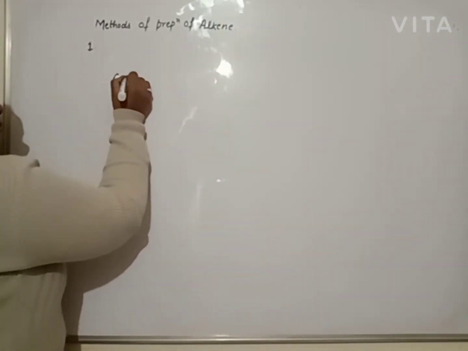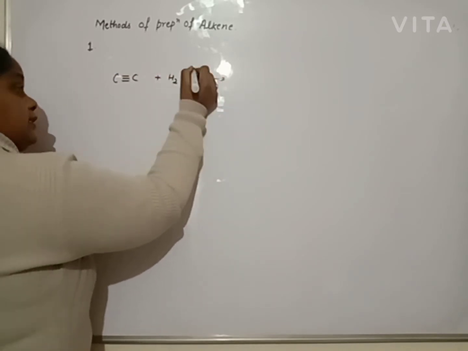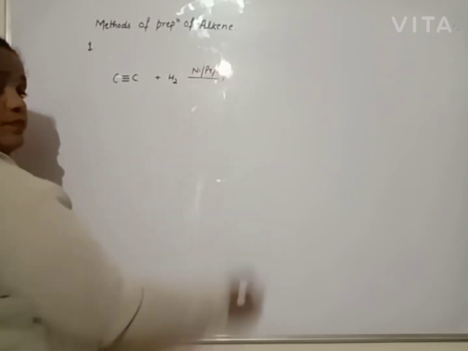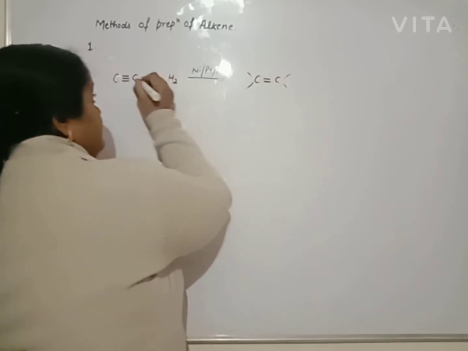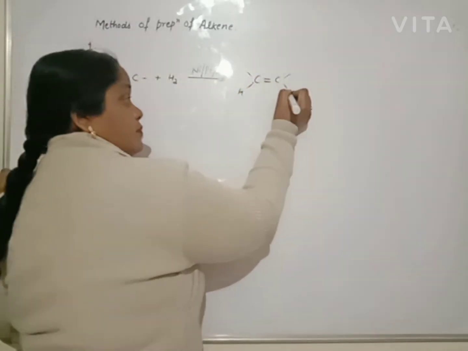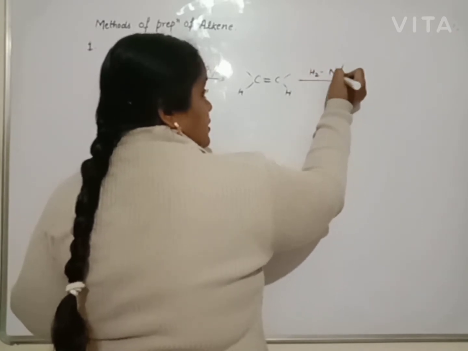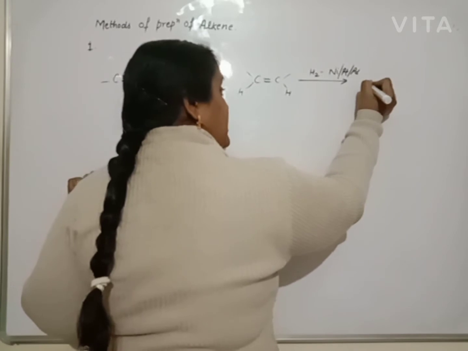Suppose you have triple bond. You will reduce it with hydrogen in nickel, platinum, palladium. First of all, it will change into alkene. And the reaction will not stop automatically there, it will go up to alkane. Reaction will be stopped when alkane is formed.